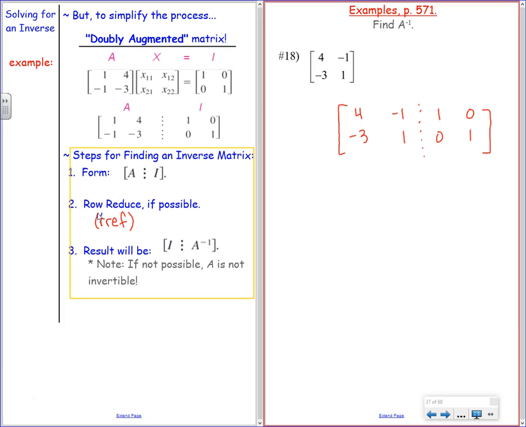So when, for instance, on the first step, I look at this 4 and I say, no, no, no, no, no, I need this 4 to become, work by columns, get 1s and 0s. I need this 4 to become what? A 1. If I do 1/4 R1, 1/4 of 4 would be 1, 1/4 of -1 would be -1/4. 1/4 of 1 would be 1/4, 1/4 of 0 would be 0.